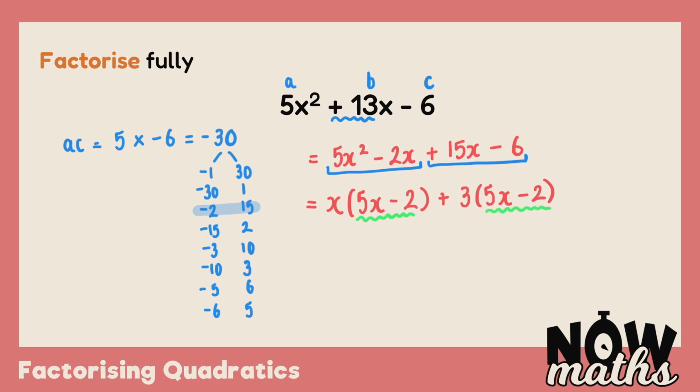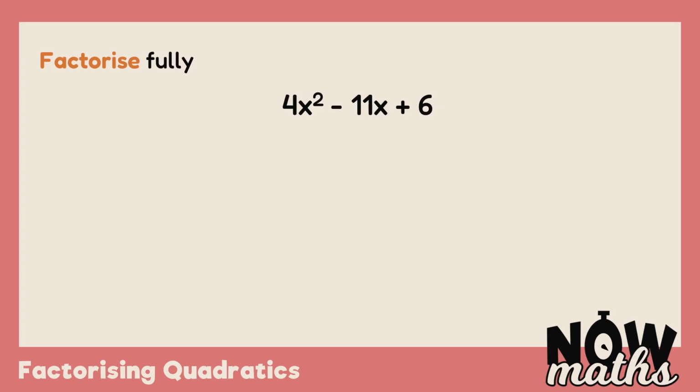So we now factorise again, and we take out a factor of 5x subtract 2. And then dividing the first term by 5x subtract 2 is x. And dividing the second term by 5x subtract 2, we get 3. And since this is all of the terms, we can close our bracket back off, and this is our fully factorised quadratic. Now let's take a look at another similar question with a negative number in it as well.